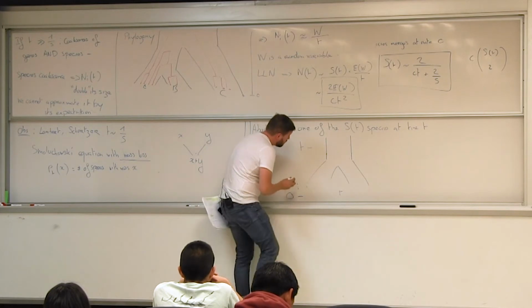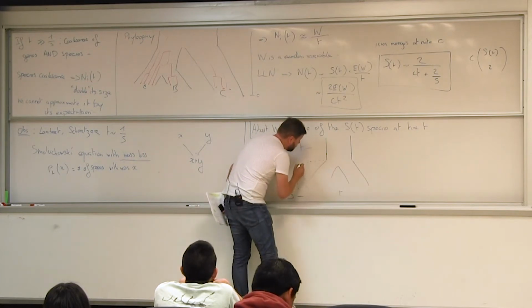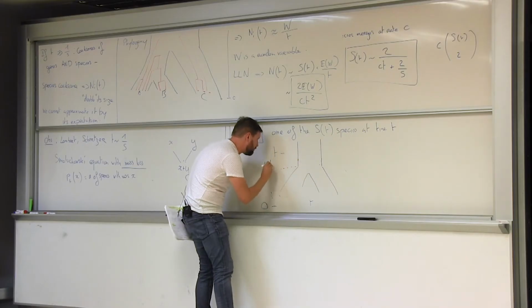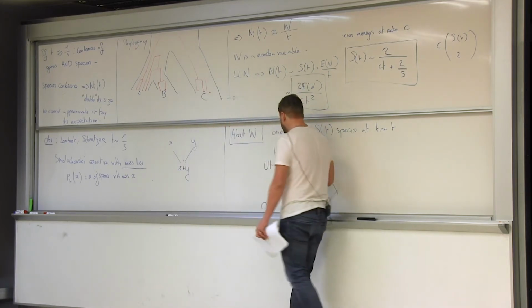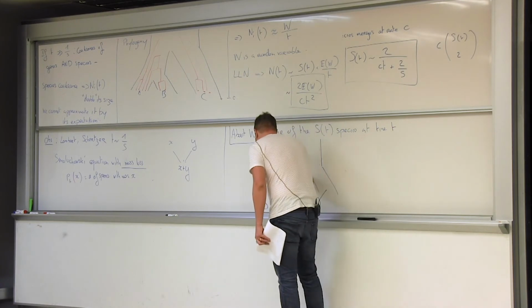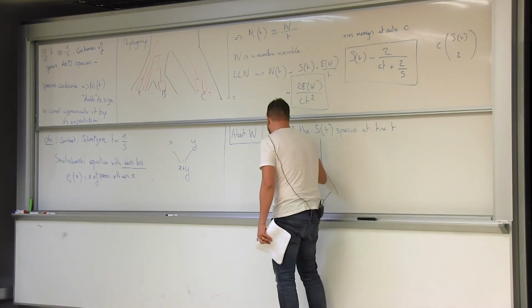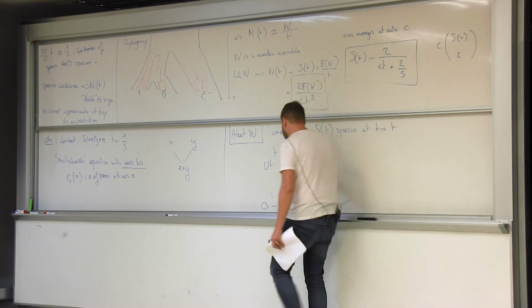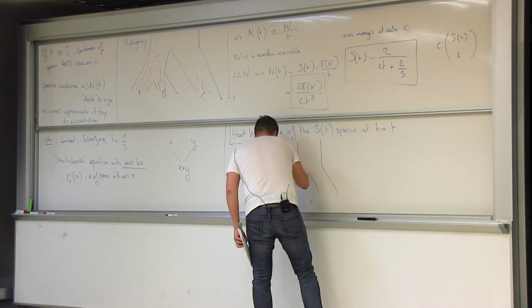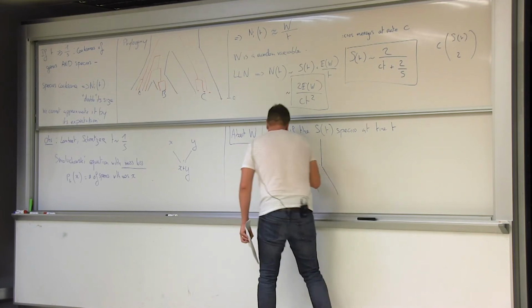Well, this time I will say that it's t times something, u, and of course the time backwards from t to ut is just 1 minus u times t.